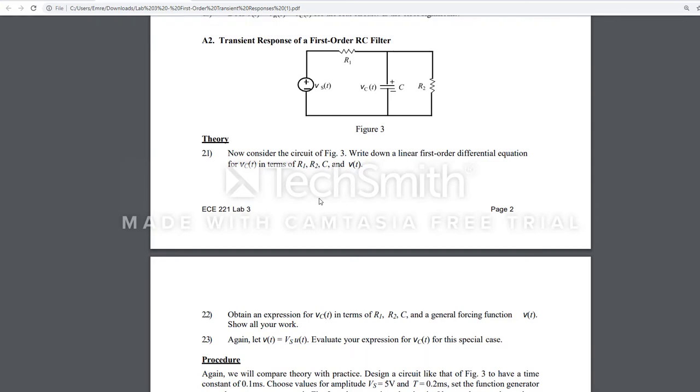Now, there's a shortcut to find the time constant for an RC circuit.